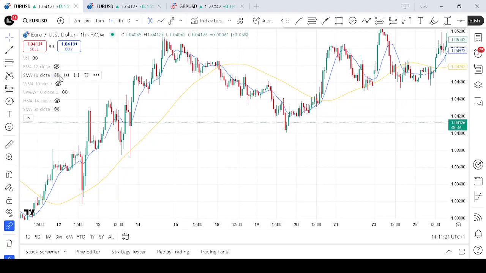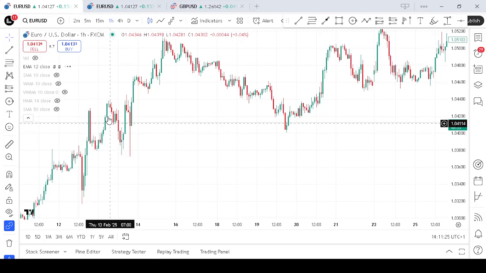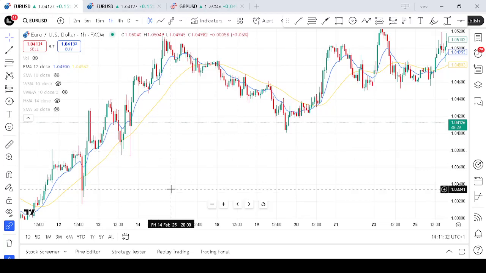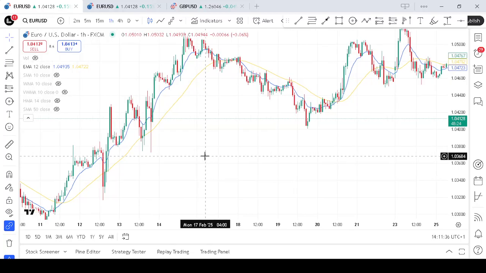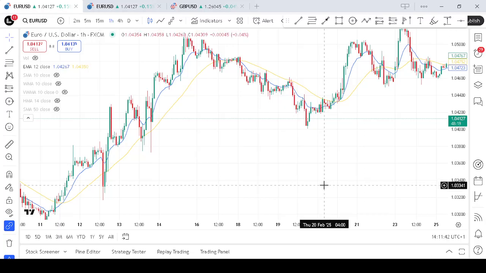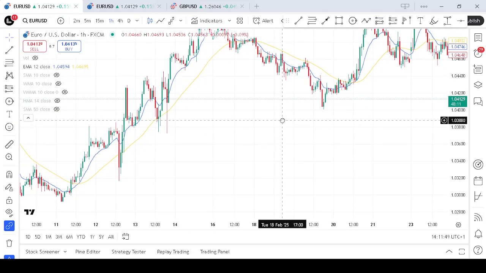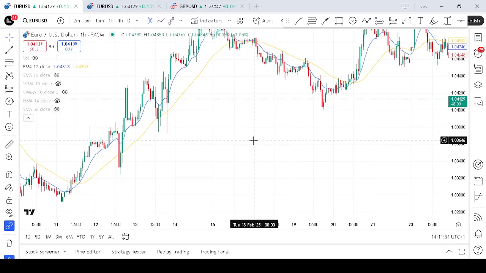Now let's look at the exponential moving average. The exponential moving average is another popular tool in the forex trading department. Unlike the simple moving average, the EMA, or the exponential moving average, gives more weight to recent price. This means it reacts more quickly to price fluctuation, making it a valuable tool for traders who want to capture short-term trends.